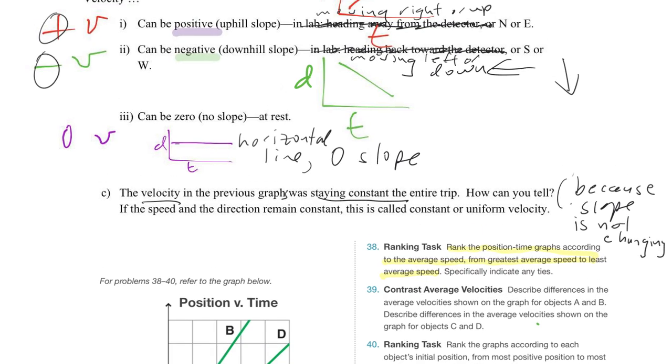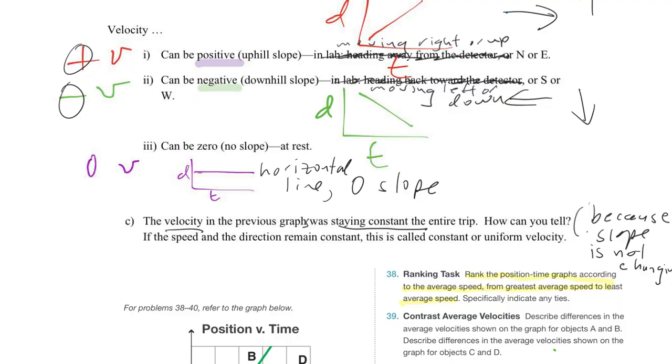Okay, so in the positive velocity and negative velocity graphs I showed you, you have speed and it's staying constant. It's not increasing, it's not decreasing, it's staying the same because right here the slope is the same as right there.